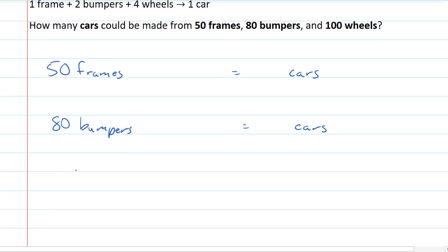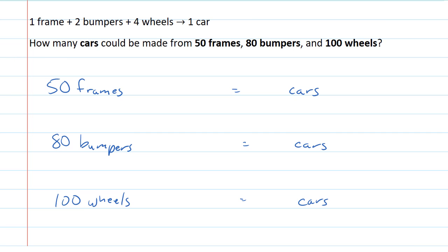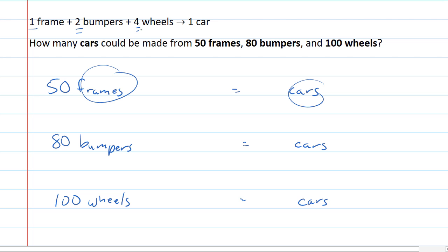And if we have 100 wheels, we'd like to know how many cars we can make. So what we're doing in essence is, in the first one here, comparing frames to cars. And we look at these numbers out in front. And what do we call these numbers out in front? Coefficients.